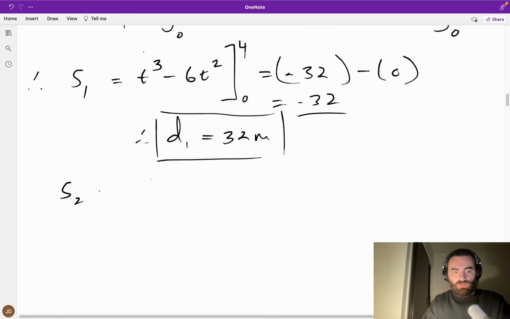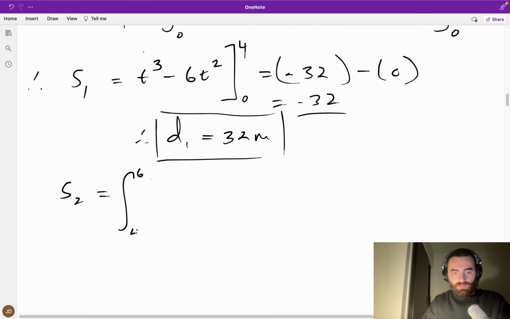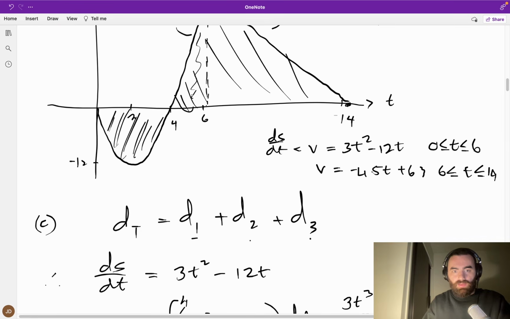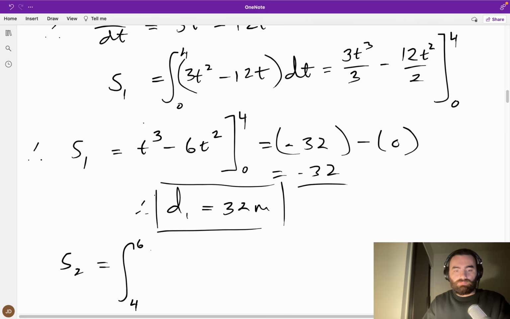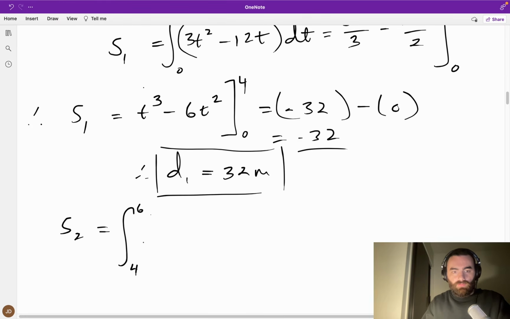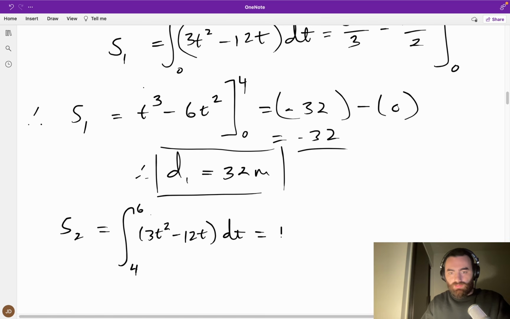And then for S2, this is going to be the same thing, but between 6 and 4. So this area here: the integral between 6 and 4 of 3t squared minus 12t dt, which equals t cubed minus 6t squared between 6 and 4.